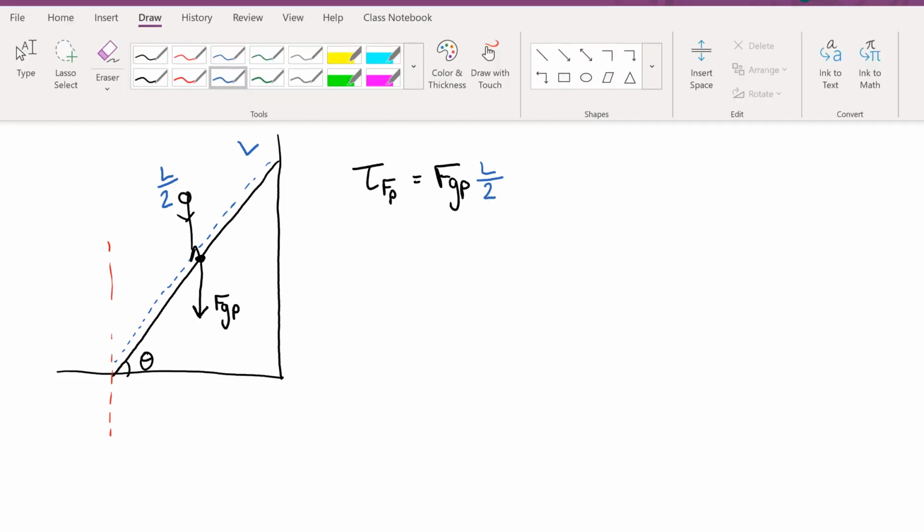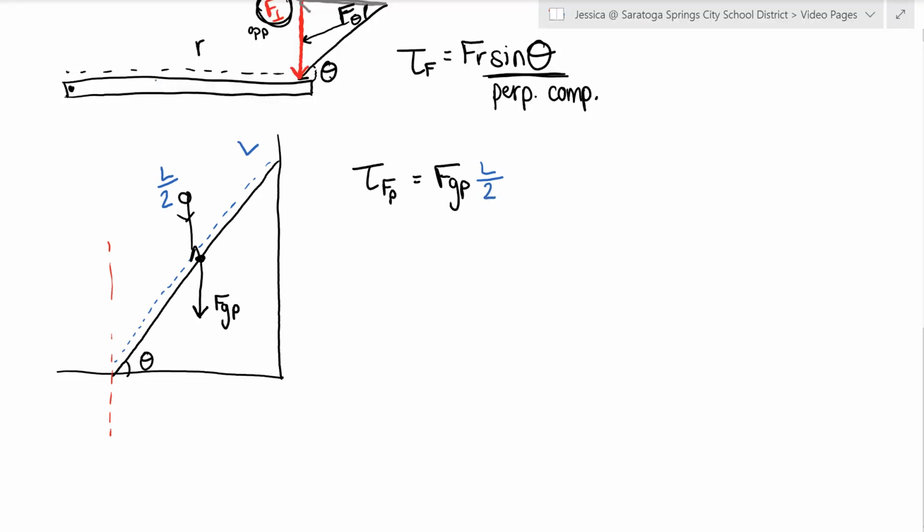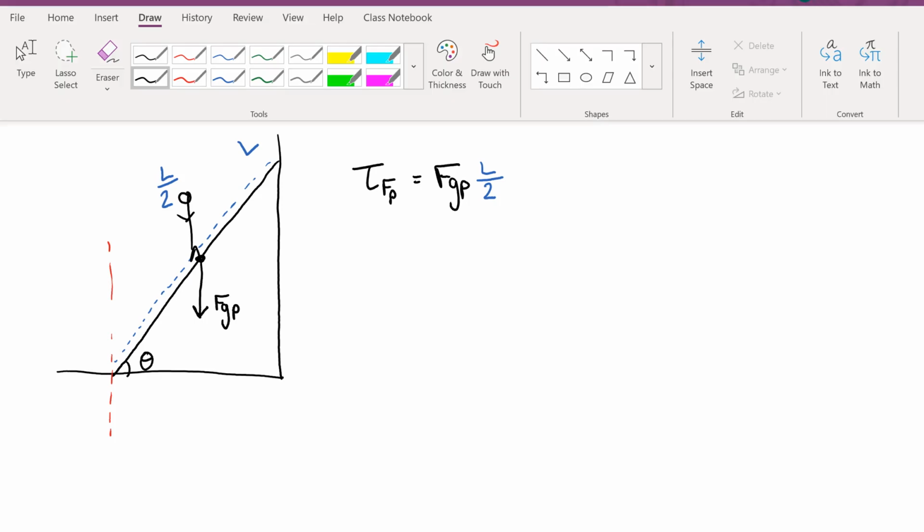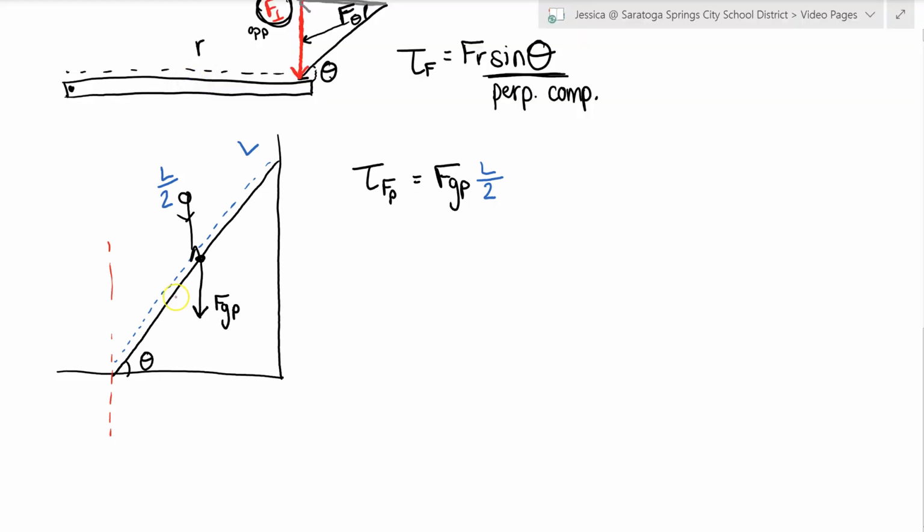Now, the person's force of gravity on the ladder is not perpendicular to the ladder. Unfortunately for us. So what we need to do is figure out the component perpendicular to the ladder. That component is going to look something like this. But I'm going to erase that for now so I can show you how we're going to get the angle.